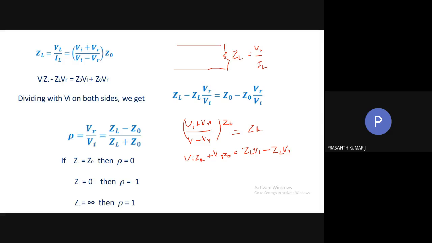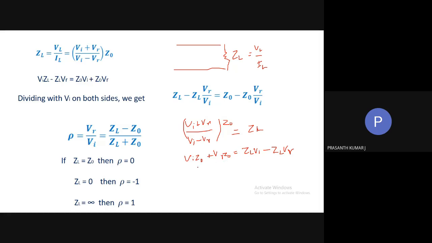VI Z0 plus VR Z0 equal to VI ZL minus VR ZL.